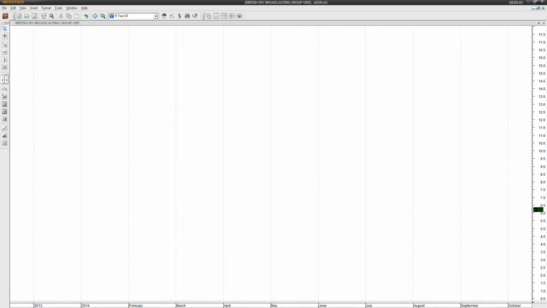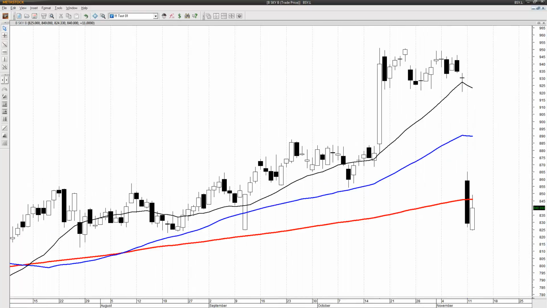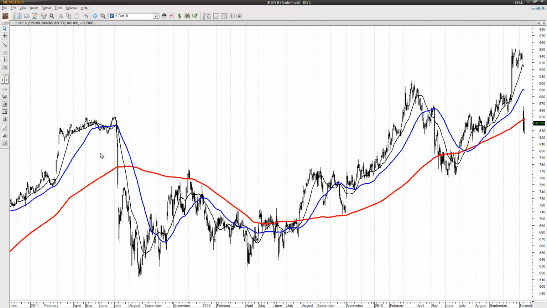British Sky Broadcasting. Here I'm actually using a trend line to come up with my level, my price action level. I connect this trough to that trough and I come up with a trend line.